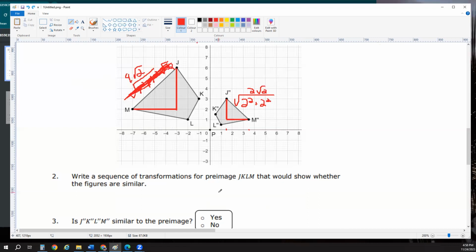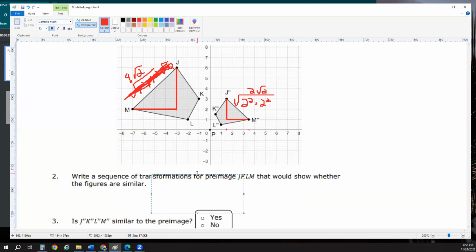So this could have been, I'm going to type it, write a sequence. So this is a reflection. Wow, that's big. Let's make that like 10.